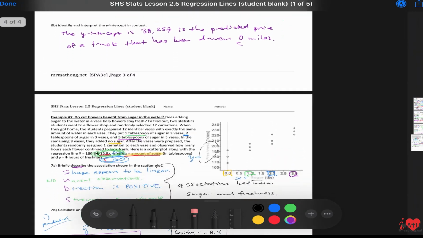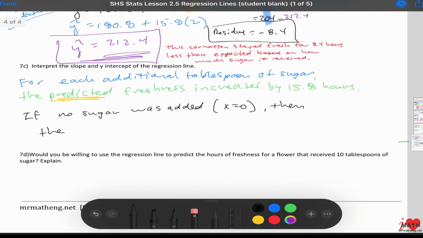The predicted freshness. Then the predicted freshness would be 180.8 hours.